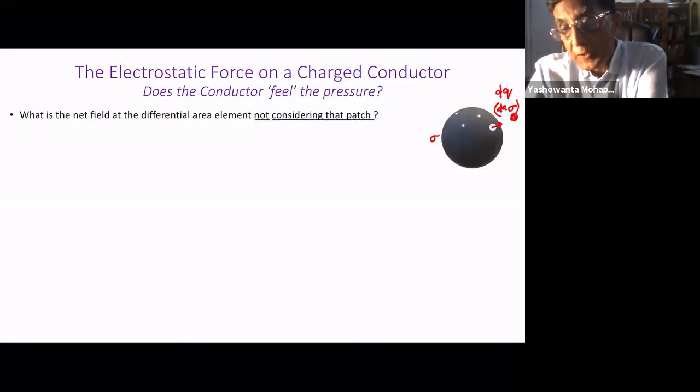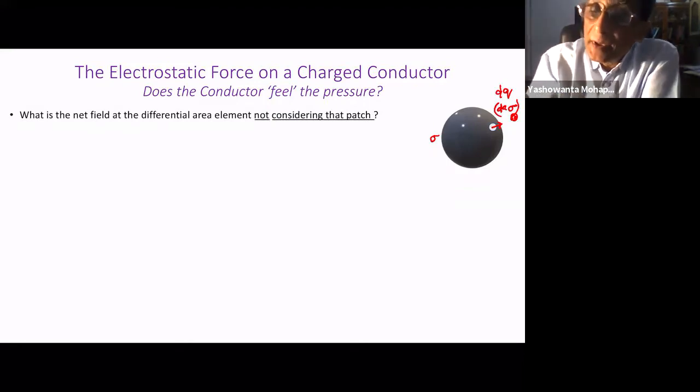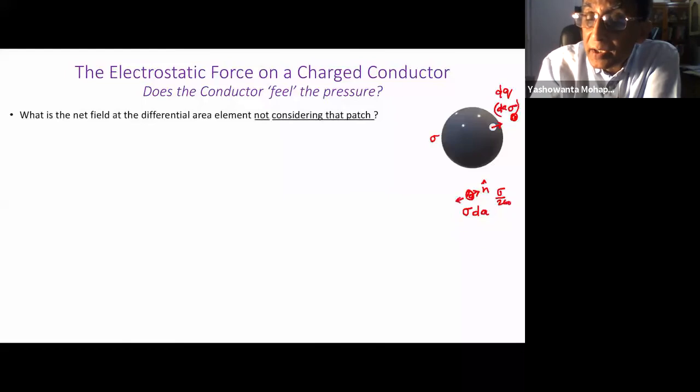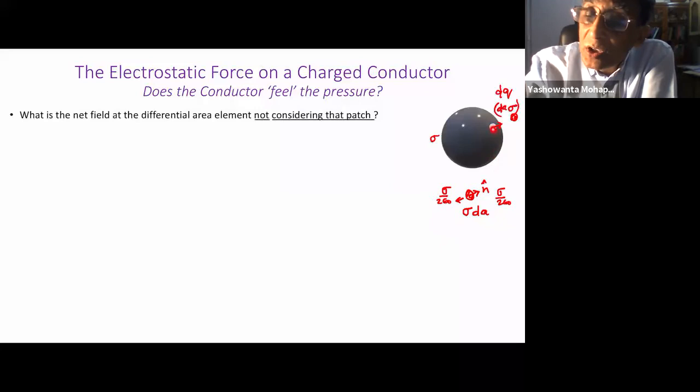The argument is that if I take this little patch, which is sigma dA, then very close to it, of course, this would have given me sigma by 2 epsilon naught outside, and sigma by 2 epsilon naught inside. But when I take this and plug it in here, it has to make sure that inside is 0.